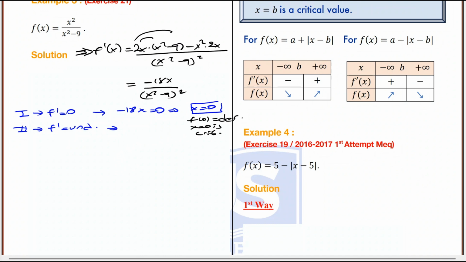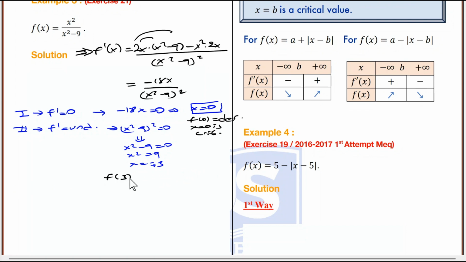What about the bottom? What makes the denominator 0 makes the derivative undefined, so just equalize the denominator to 0. x squared minus 9 squared equals 0. Then x squared minus 9 is 0, x squared is 9, then x is plus and minus 3. Are they our critical values? We need to check.